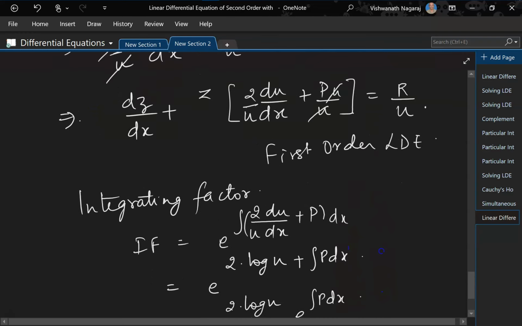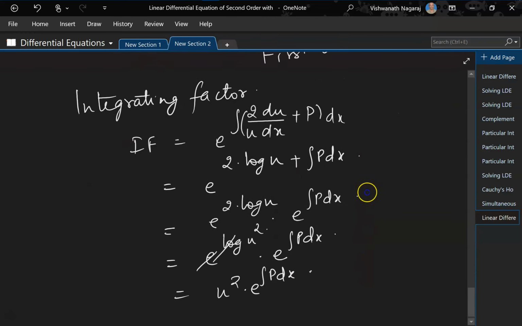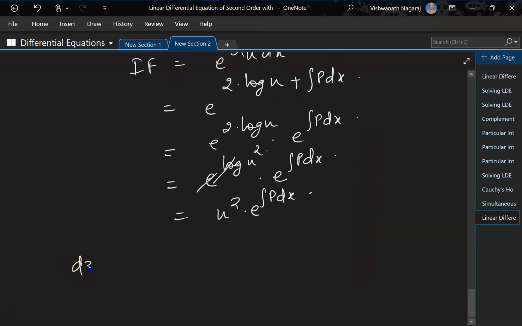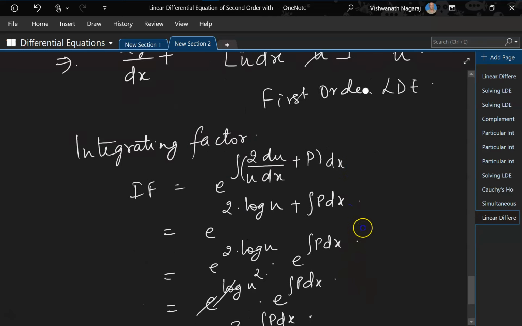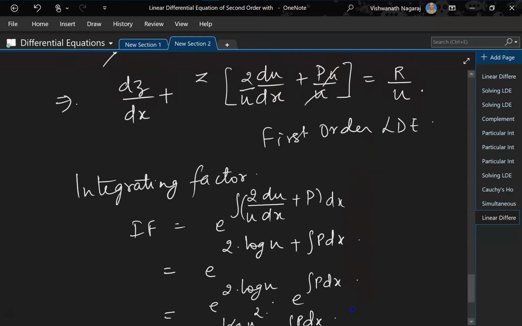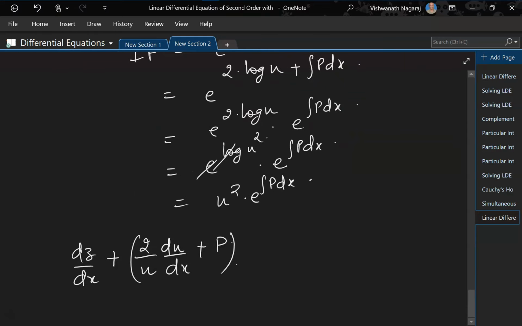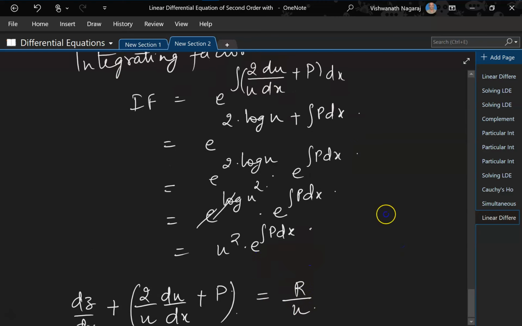Now we go back to our equation, dz/dx plus 2 by u du/dx plus p, and then what do we have, is equal to r by u.